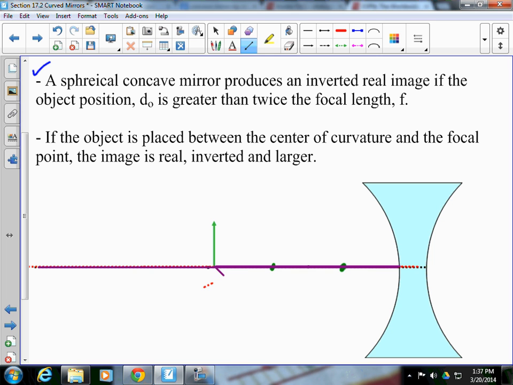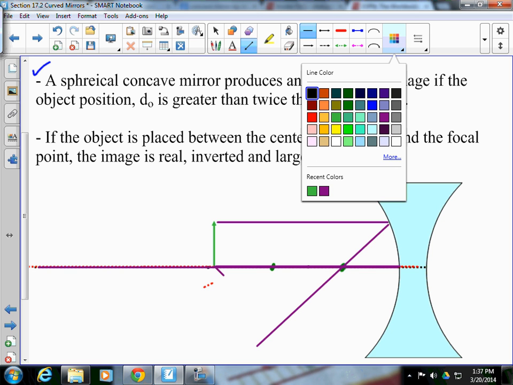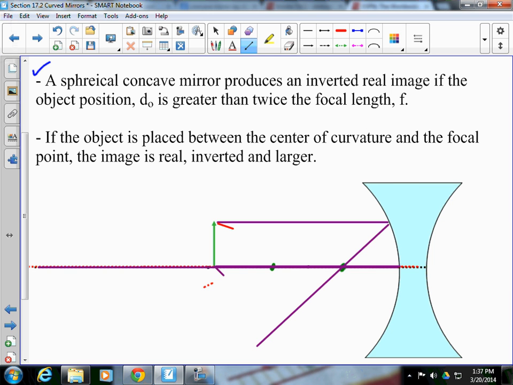Our first line is going to go off the top of the arrow, hit the mirror, and what's it going to do once it hits the mirror? It is going to go through the focal point, just like this. Secondly, our next line, which I will do in red, is going to go, again, off the top of the arrow, but this time through the focal point.